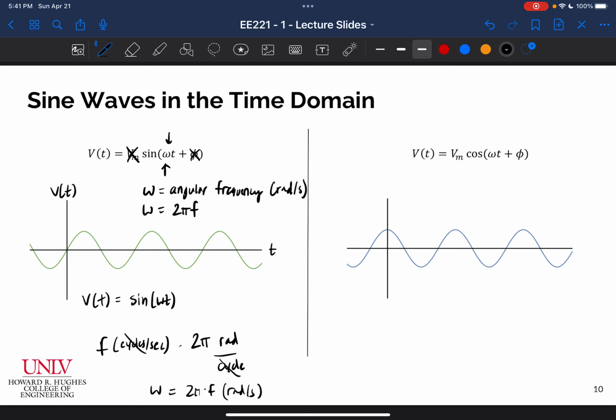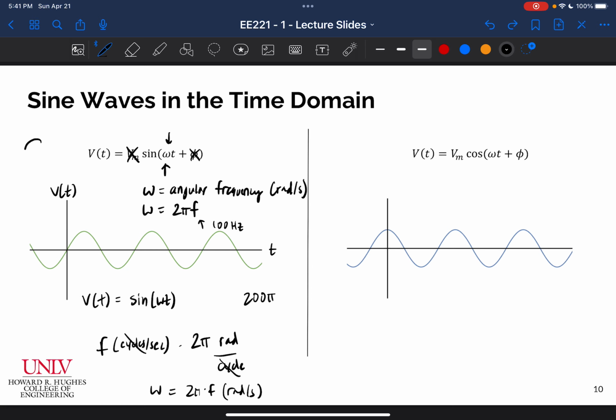And so what it's basically telling me, if I plug in my f here, is if I have a frequency of 100 hertz, let's say, or 100 cycles per second, then I need to take 100 multiplied by 2 pi, which would be 200 pi, right? That's how many radians I would be going around the circle in 1 second, which is a lot. That's very fast.